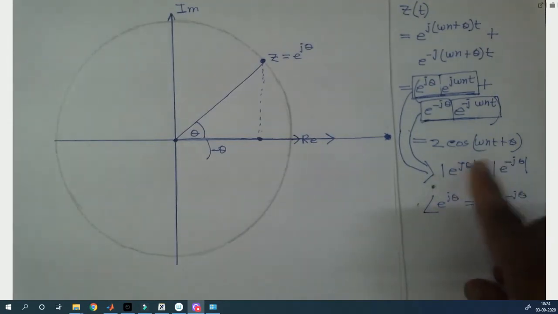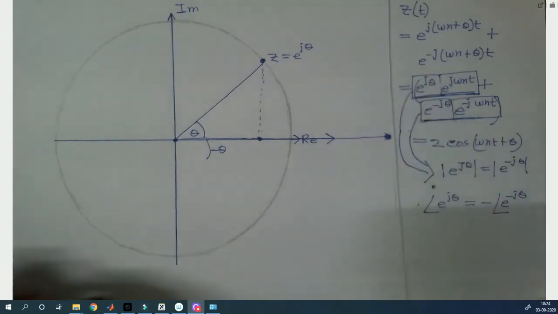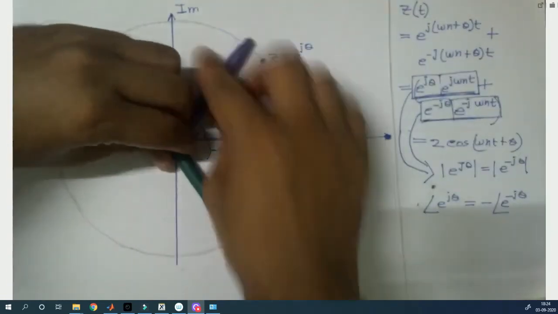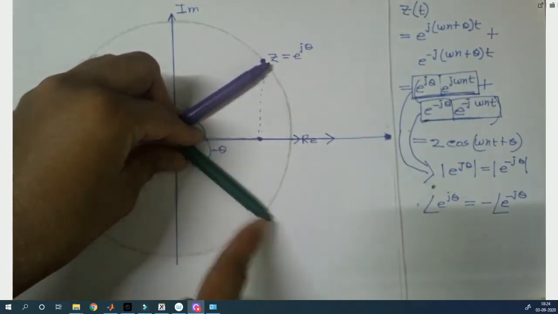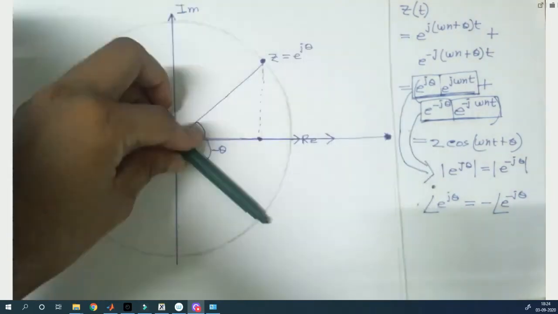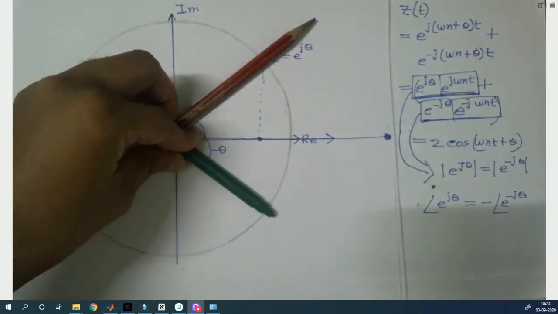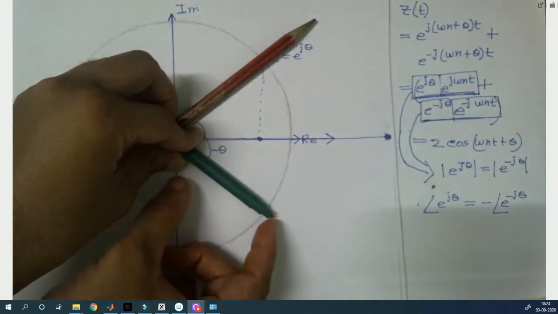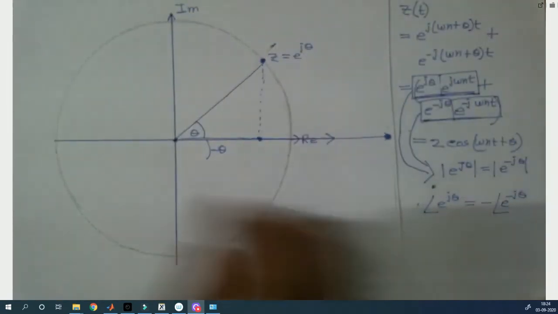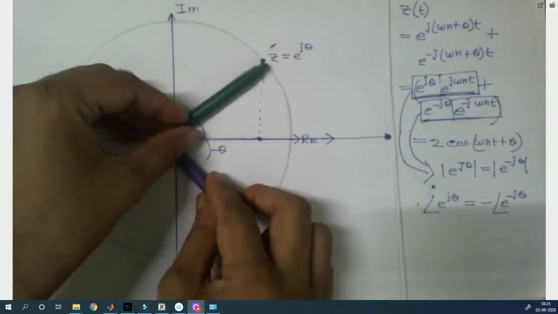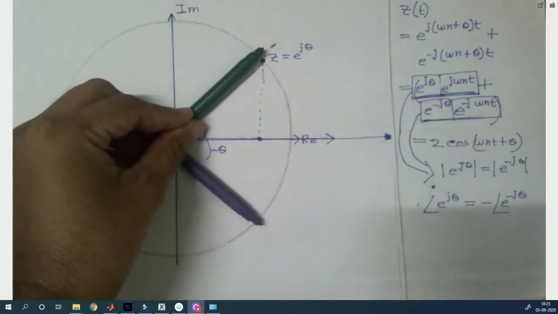The modulus of these two coefficients being same means that the radius of these two vectors are same. If they were not same, then they might have looked like this, one longer, another shorter. Also, these two angles are equal and opposite, means they start from a symmetric position.